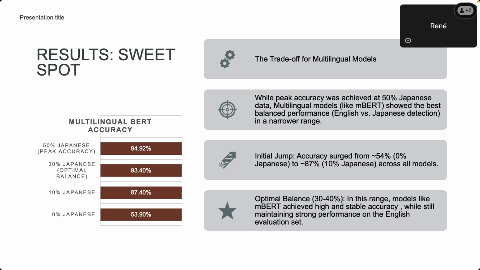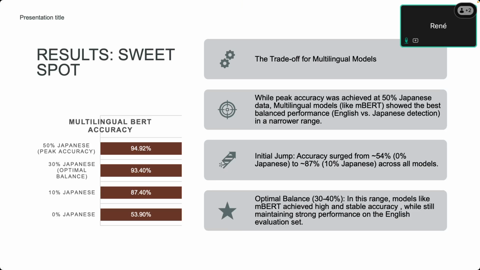Now let's talk a little bit about the sweet spot and other key points of the results. First, there's a trade-off with multilingual models. Yes, the peak accuracy was at 50%, but we were able to see a really great improvement at different ratios.